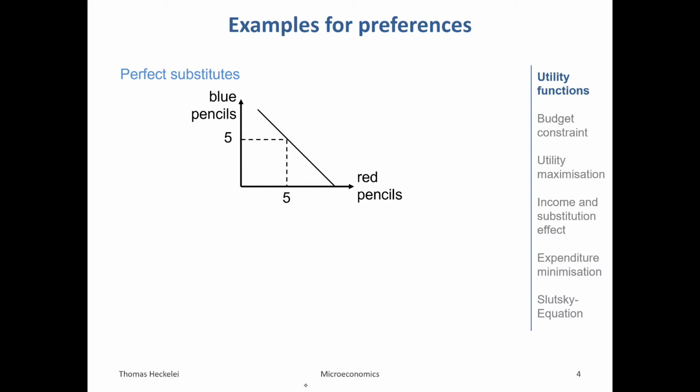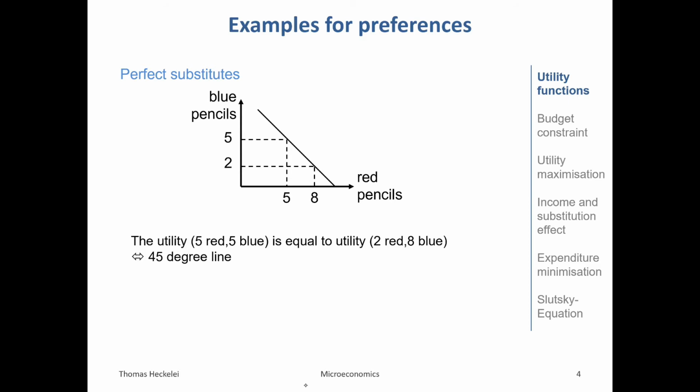That is a total of 10 pencils. Now if we only have 2 blue and 8 red pencils, we are on the same indifference curve. It doesn't matter how many of each color you have, as long as you have the same number of pencils in the end. Your utility stays the same. Therefore, the line will be 45 degrees downward sloping.